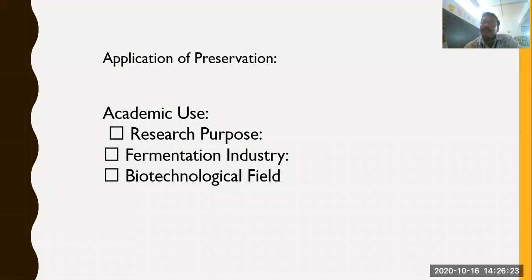What exactly happens whenever XYZ types of chemicals are utilized? What will be the effects on the growth of such an organism? At that time, you have to use it for research purposes. Just now we are doing this. Most of the time, the pharmaceutical companies test whether their antibiotics kill the microorganisms or not. So it is one part of research activity.